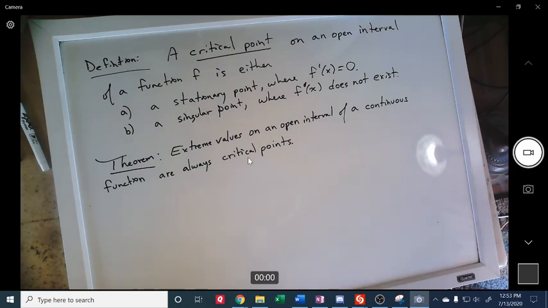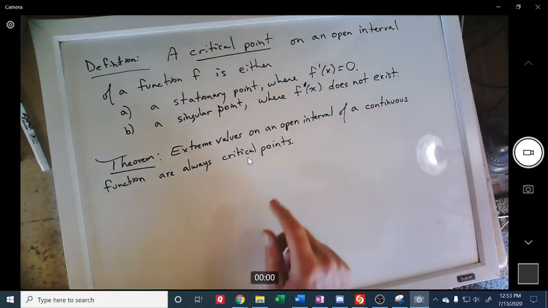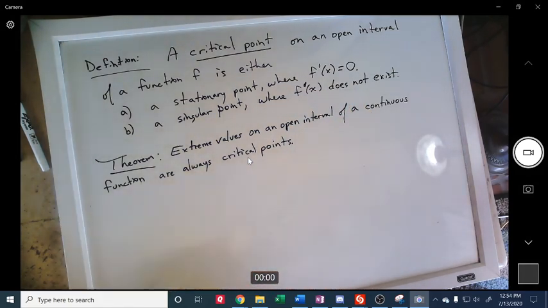If the derivative was zero day after day after day, what does it mean? That means the price of the stock is staying stationary. It's $21 a share every day as you move along. Stationary point. A singular point where the derivative doesn't exist, as we saw like with the cusp point.